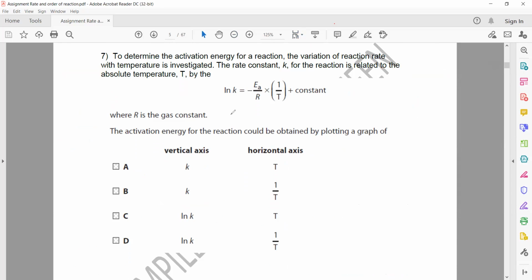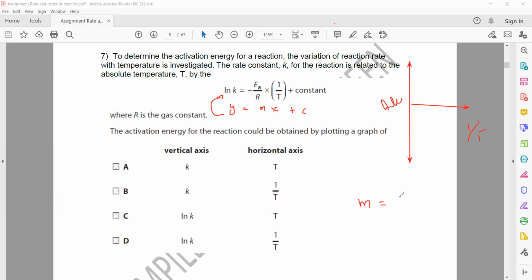If you plot a graph, y = mx + c, on the y-axis we have ln k, and on the x-axis we have 1 over T. So what will be the gradient of the graph?